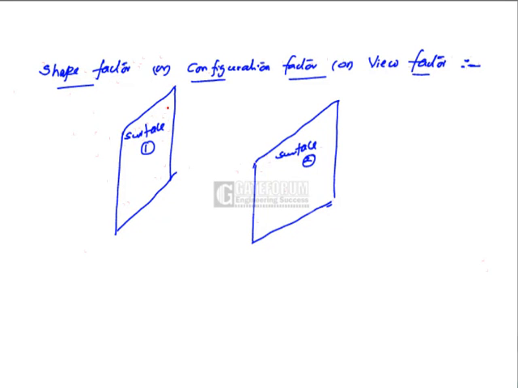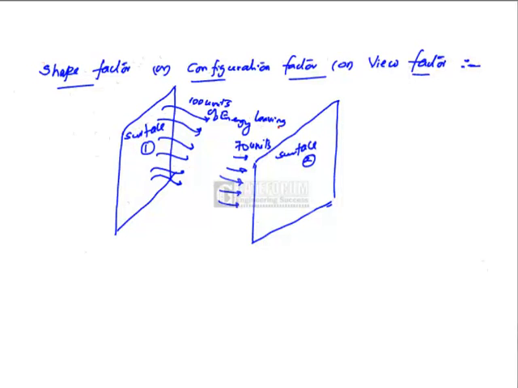Suppose 100 units of energy are leaving surface 1, and 70 units reach surface 2. Then the shape factor of 1 with respect to 2 is 70 by 100, that is 0.7.